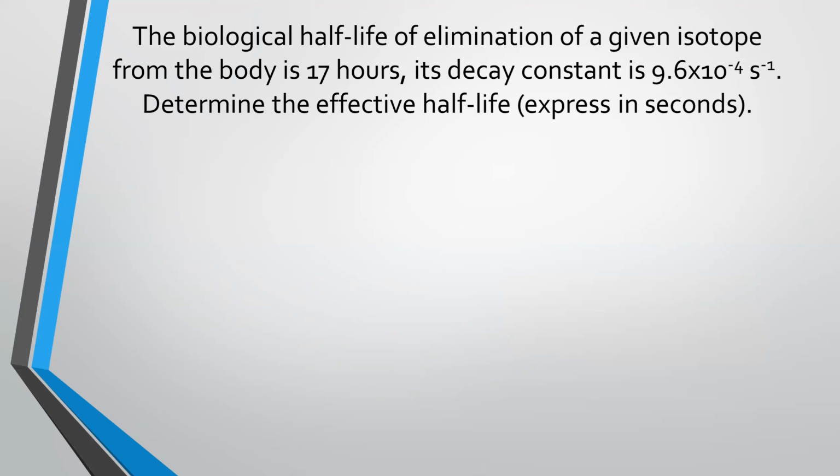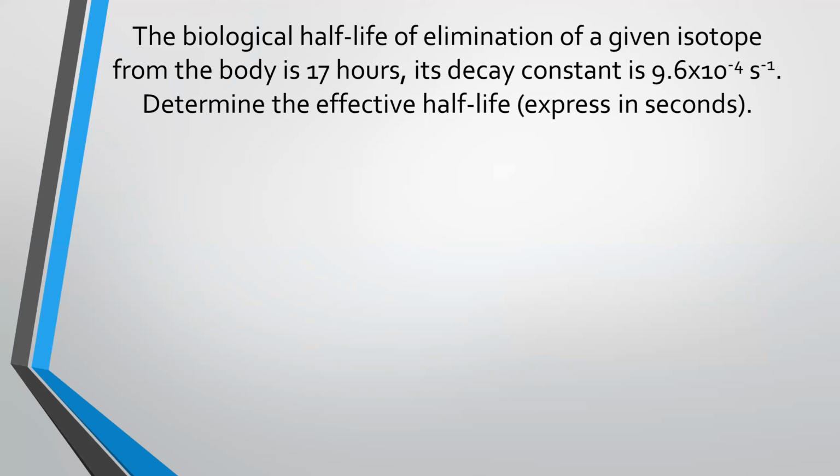So here from the decay constant, we have to remember that for the effective half-life, there is only one formula, which is related to the value of constants: effective constant equals biological plus physical.